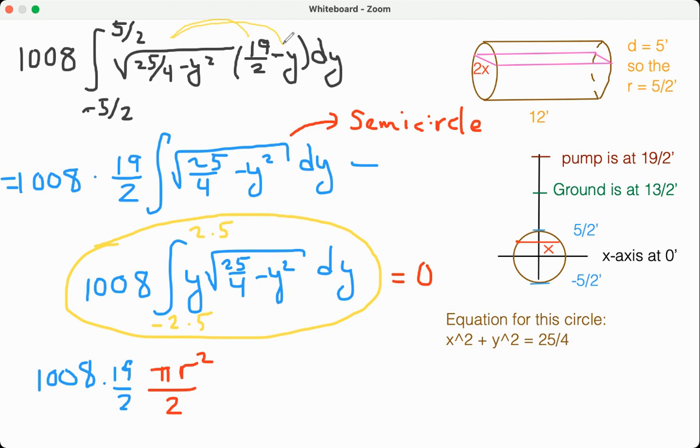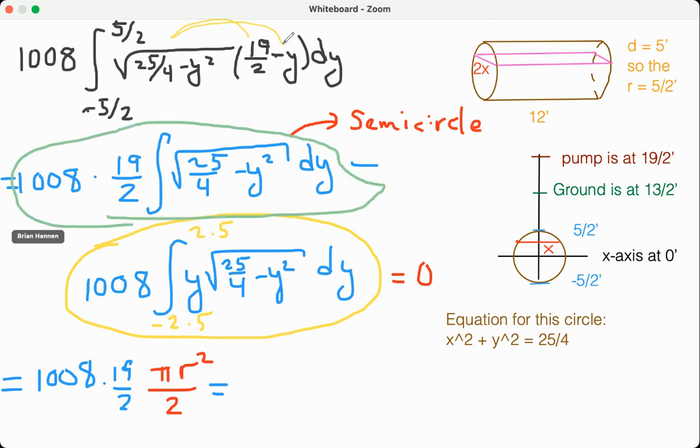The area of the semicircle times 1008 times 19 halves. That makes this a much easier problem to solve. I'm not even integrating. I'm using geometry for the top integral, and I'm using symmetry for the bottom one.